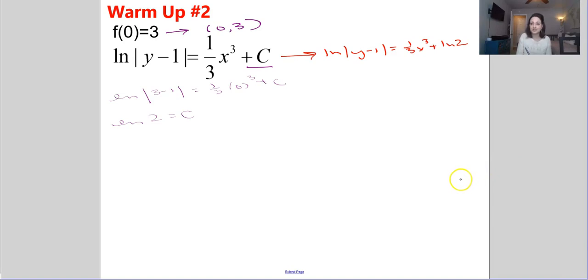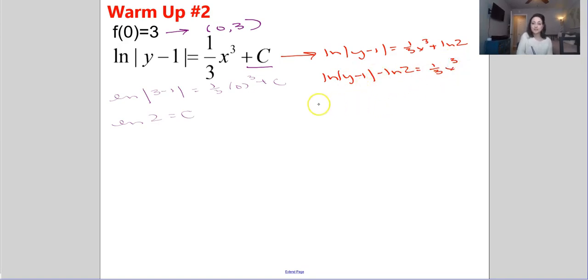Which side would you get your ln's on this time? We want them on the left side because I'm solving for this y, which is in this ln, so I want this ln to be positive. So I want to keep this ln on the left side. That means I'm going to move this one over, so that becomes negative ln 2, and I still have equals 1/3 x cubed on the right.